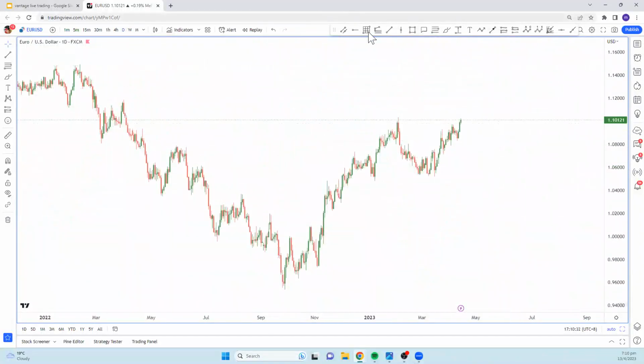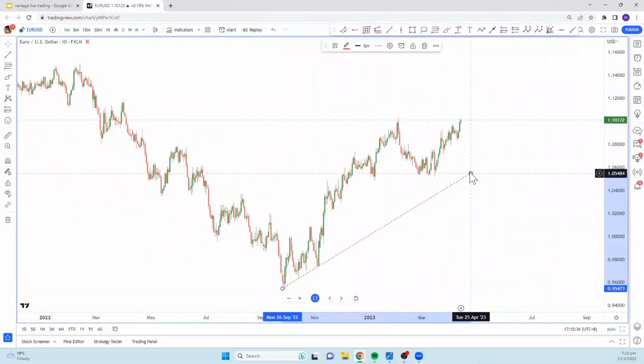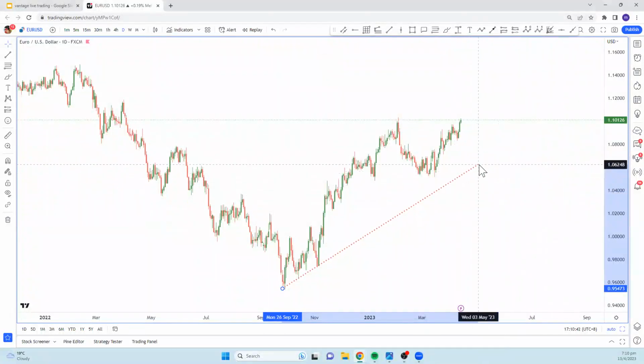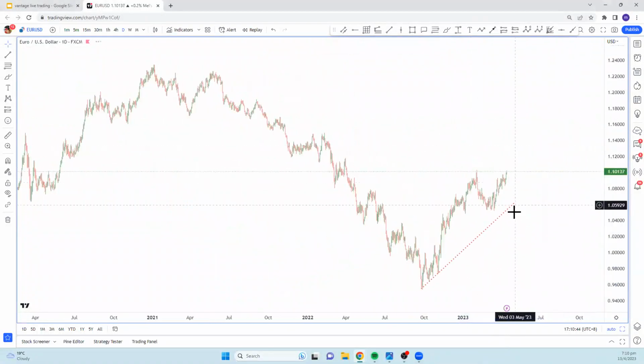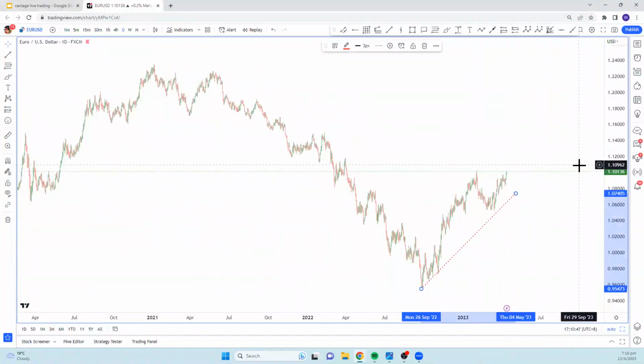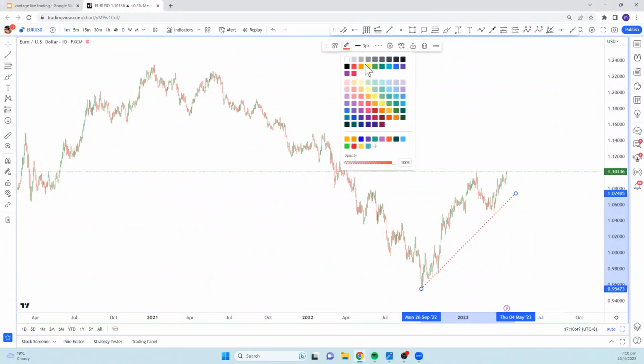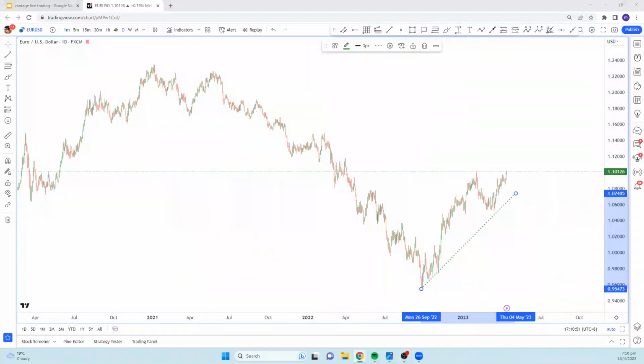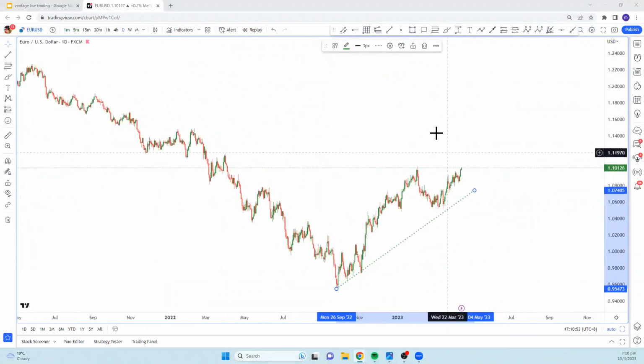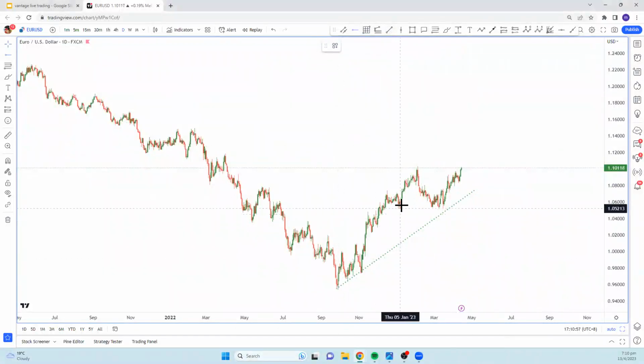Now on our daily, we can see a trend line over here. Prices are moving upwards as well on our daily time frame, and we can see kind of a support level over here.